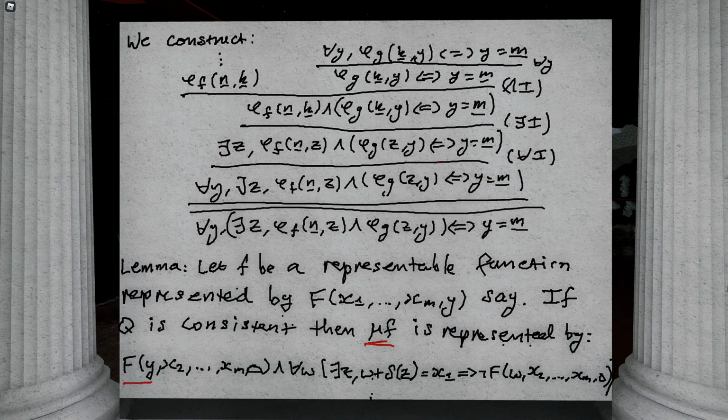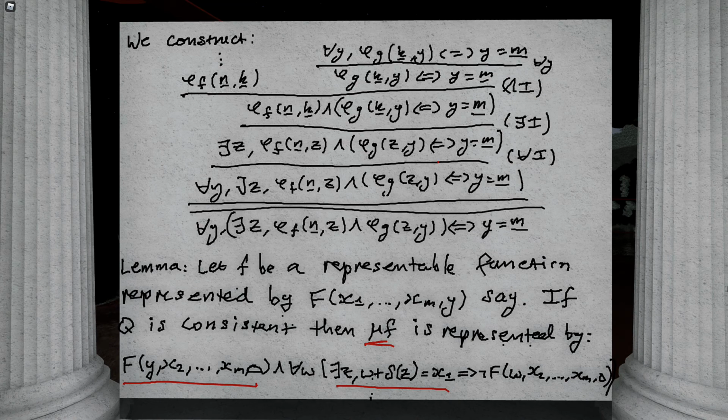So what we ask for is that indeed that does evaluate to 0, and then all this says is that for all values less than y, we don't get 0, right? So what this says here is there exists a z such that w plus the successor of z is equal to x1, right?